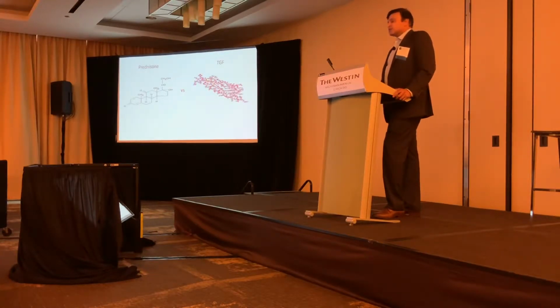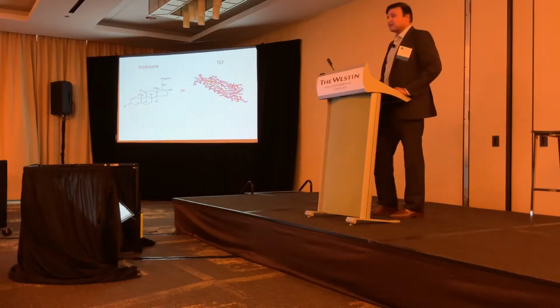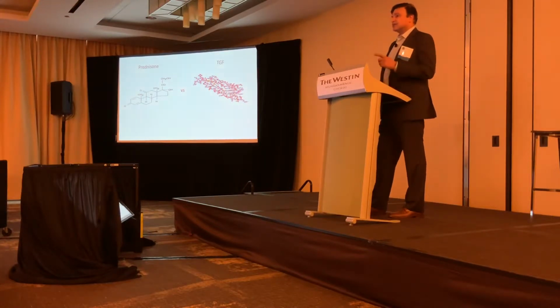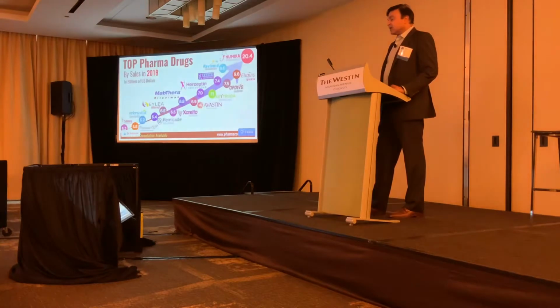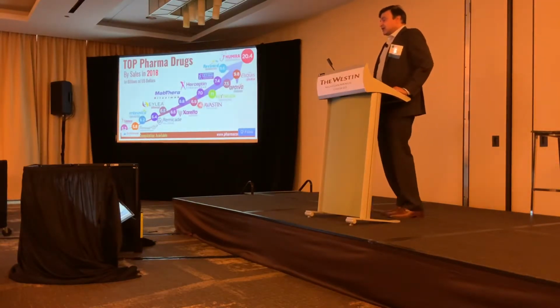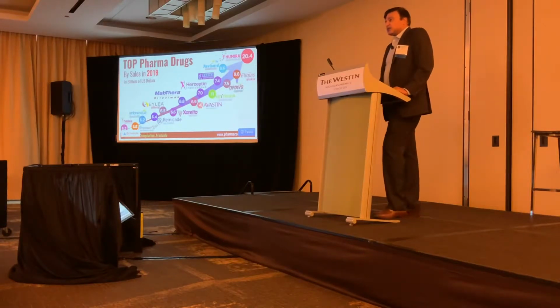The one on the left is prednisone, which is all we use to treat inflammation. The one on the right is TGF, which is transforming growth factor, a very important anti-inflammatory protein. That's the natural protein which is secreted by the stem cell. This is an interesting slide that I found recently. If you look at all the top drugs that are sold in the country, the number one is Humira.